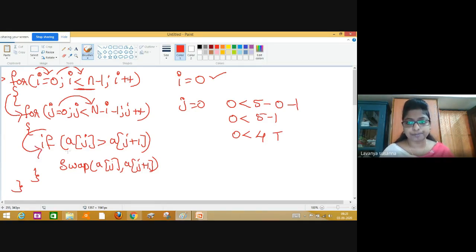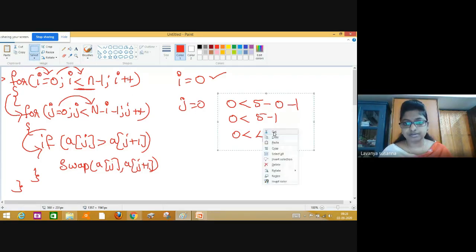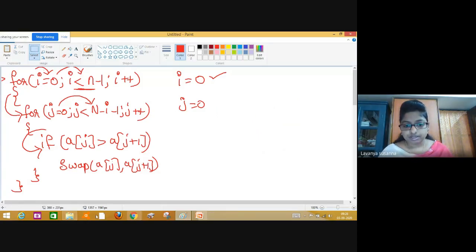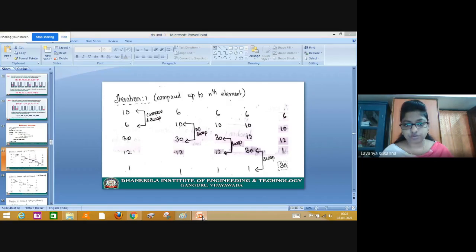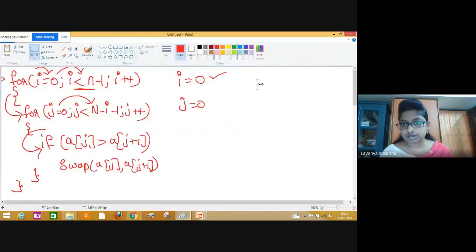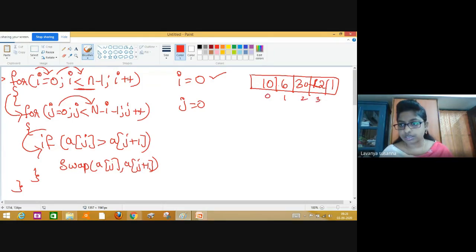What is the statement inside the for loop? The if statement. Now let us see how this is happening. The elements are 10, 6, 30, 12, 1, at indices 0, 1, 2, 3, 4.